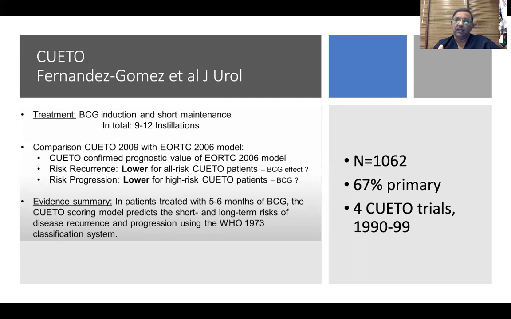BCG was again in the initial phases, the maintenance regime was not clearly defined, and the majority of patients actually received 6 induction and few maintenance cycles. Majority were only up to 12 total instillations of BCG. Kyoto is the only model which used gender as a risk factor, and females were considered at a higher risk for recurrence than the male gender.